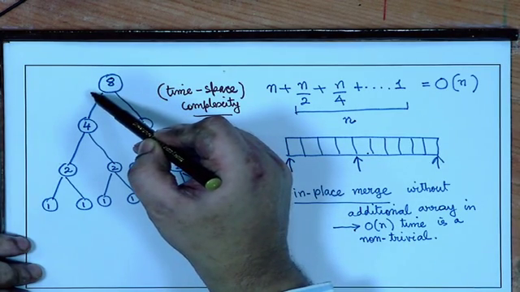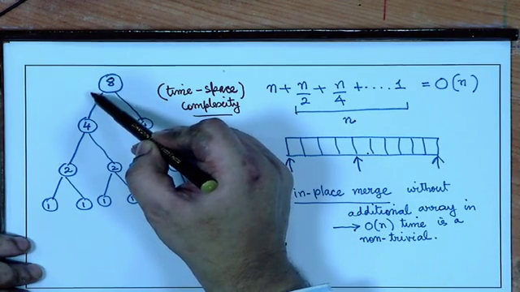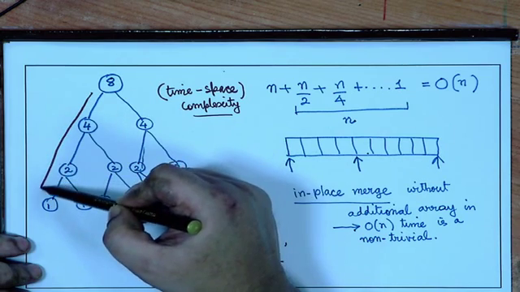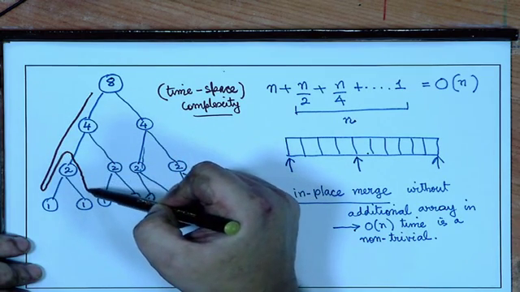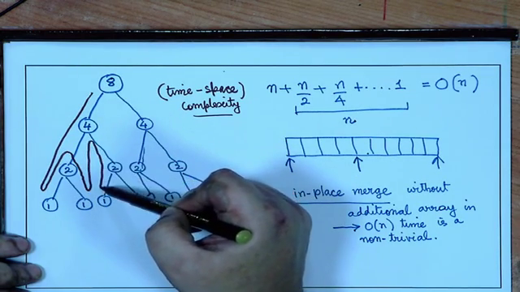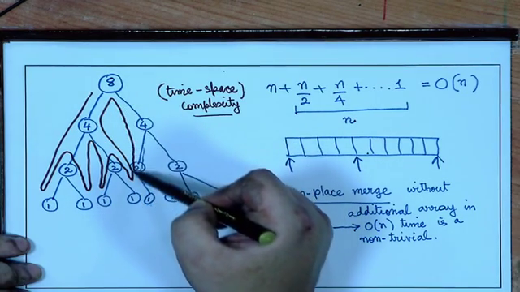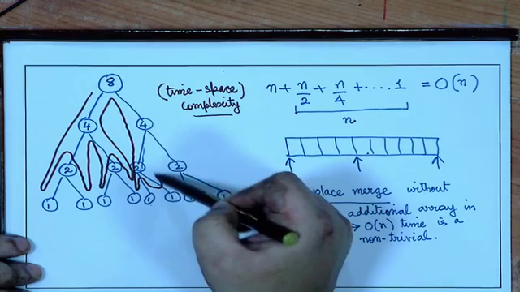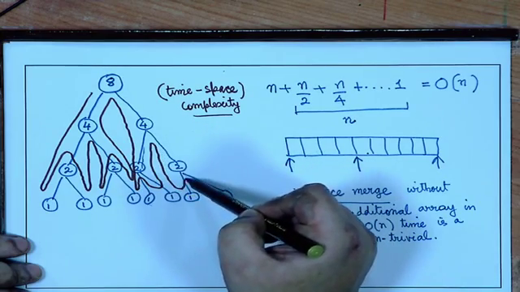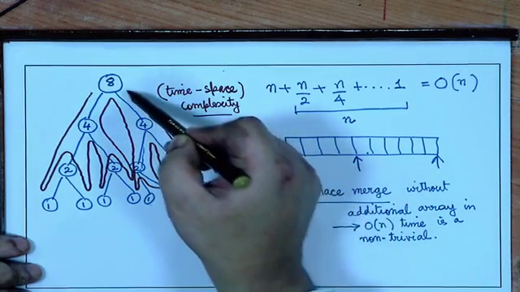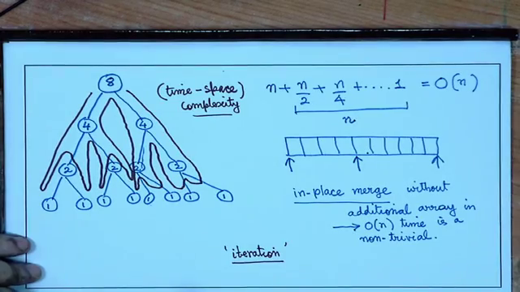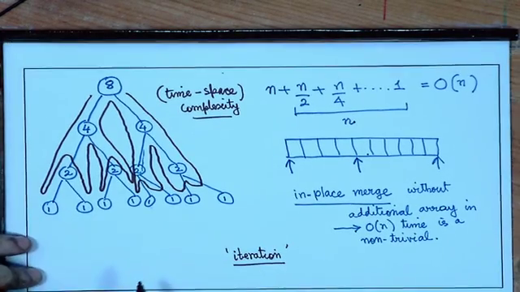I will just show you the sequence in recursion once more. We will go like this, then like this, then like this. This is the sequence of recursion.